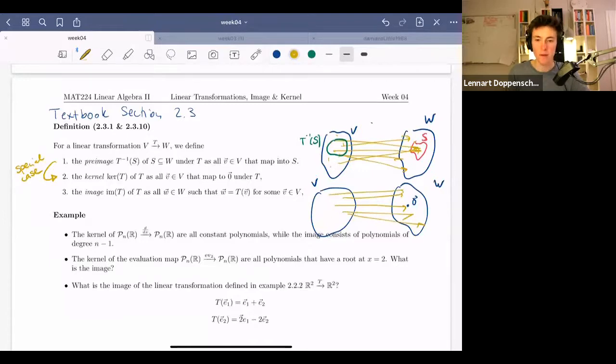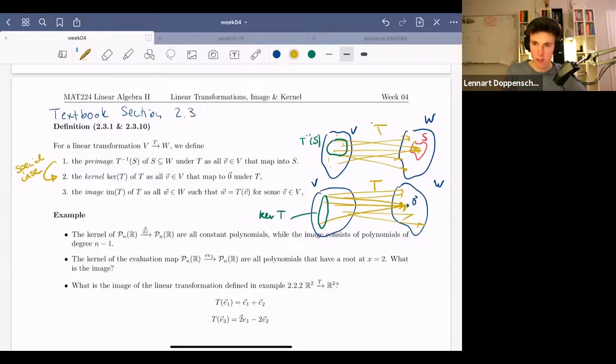We already know that the zero vector gets sent to zero under every linear transformation. But this might not be the only one. So maybe there are more arrows coming from V that get sent to zero. So these all get sent to zero. And then this is going to be defined as the kernel of T. These arrows represent T sending vectors from V into W.